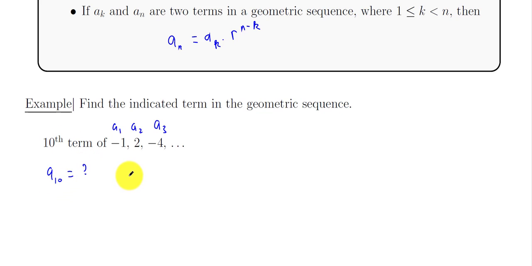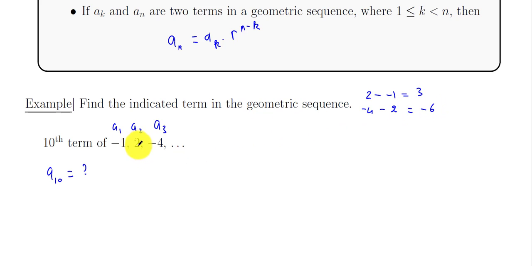If we test for an arithmetic sequence, 2 minus minus 1 gives 3, and then minus 4 minus 2 gives minus 6. The differences between the terms are not the same, therefore we cannot apply the formulas from section 9.2, the arithmetic sequence.